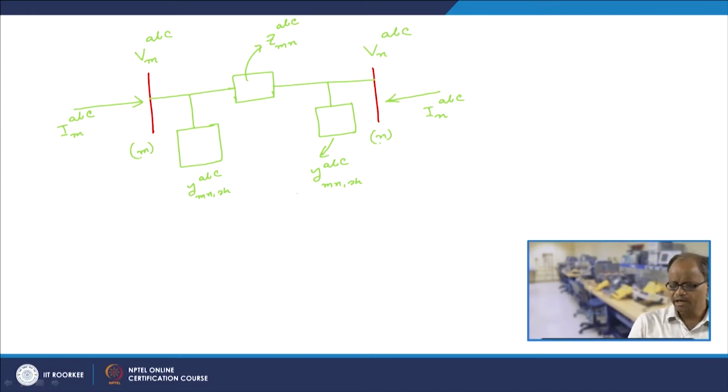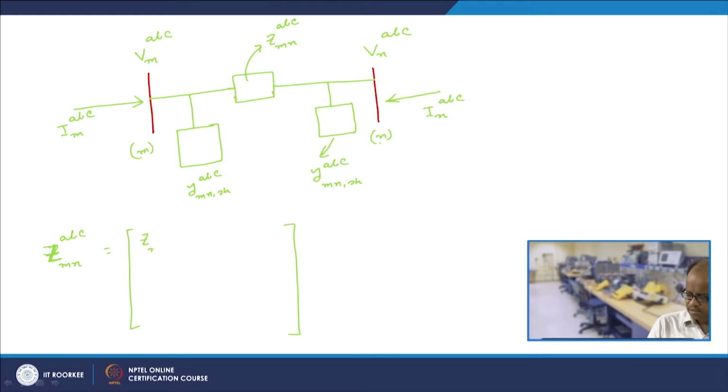Now, what is Z_MN^ABC? Z_MN^ABC is actually a 3 cross 3 matrix. This is a big Z, and this is a 3 cross 3 matrix.